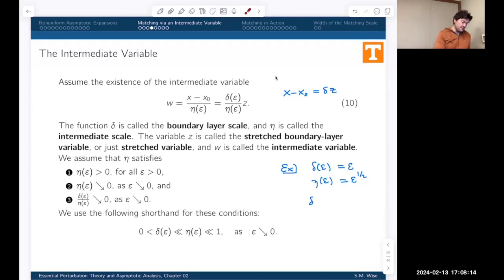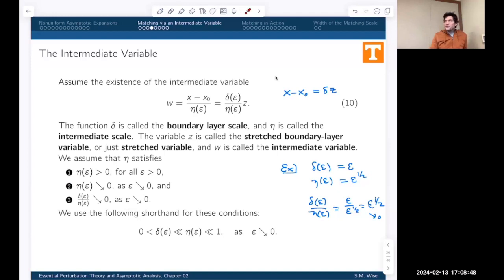And the next thing we need to check is this last one. Delta of epsilon over eta epsilon has to go to 0. That's epsilon over epsilon to the 1/2. That's epsilon to the 1/2. And so that definitely also goes to 0.